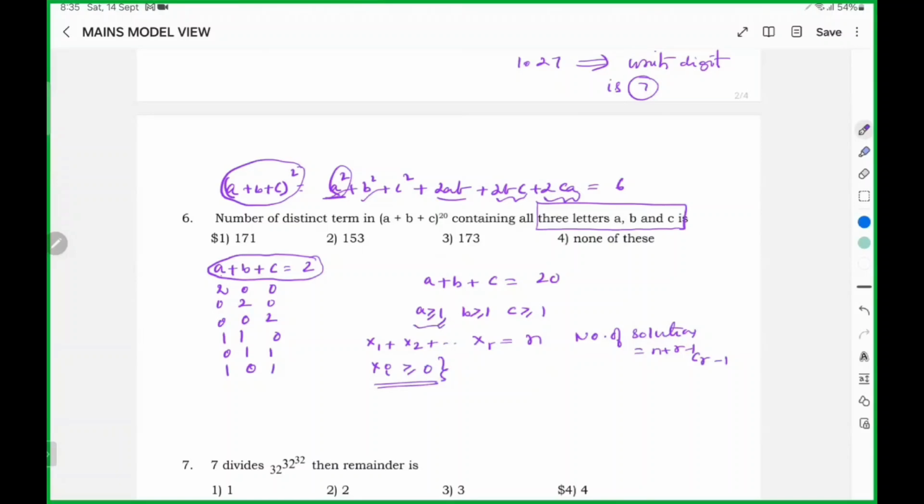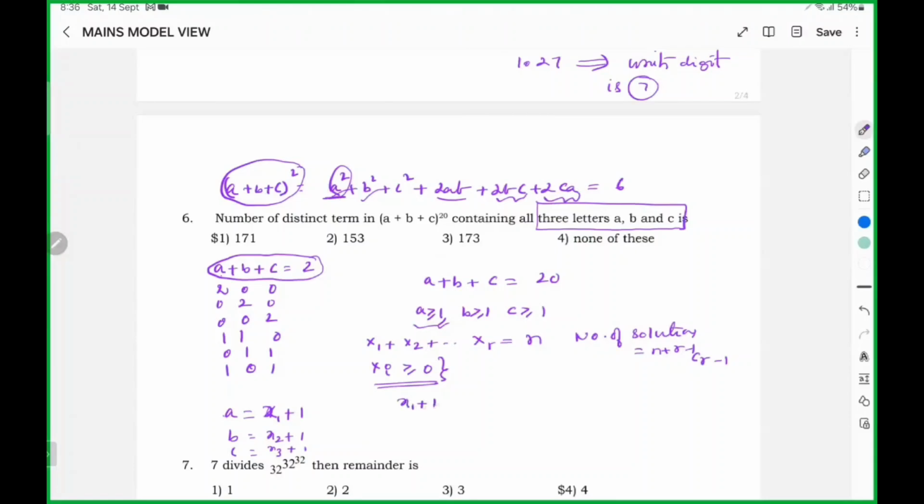But here it is starting with 1. I will take a as x1 + 1, b as x2 + 1, c as x3 + 1. I can't apply this formula straight away; when each variable starts with 0, I can apply.